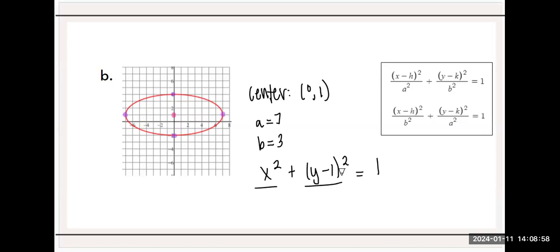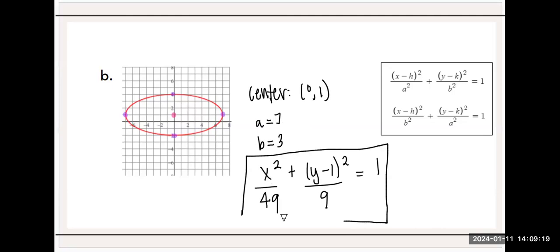So because it's longer left and right, 7 squared goes underneath the X. And then it was up and down 3, but you don't use 3, use 3 squared. So that goes under the Y. That's it.